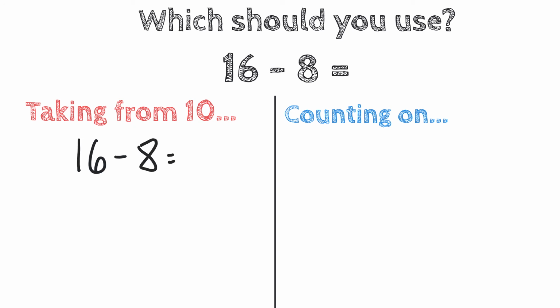Now it's our take from 10. So let's take 10 out from it. So there's my 10. Now on my mini number bond, once I take 10 out of it, what's my other number going to be? The other side of my mini number bond. Yep, that's right, a 6. Good job. Okay, now let's subtract our 8 from 10 because 10's a friendly number and it's easy to work with.